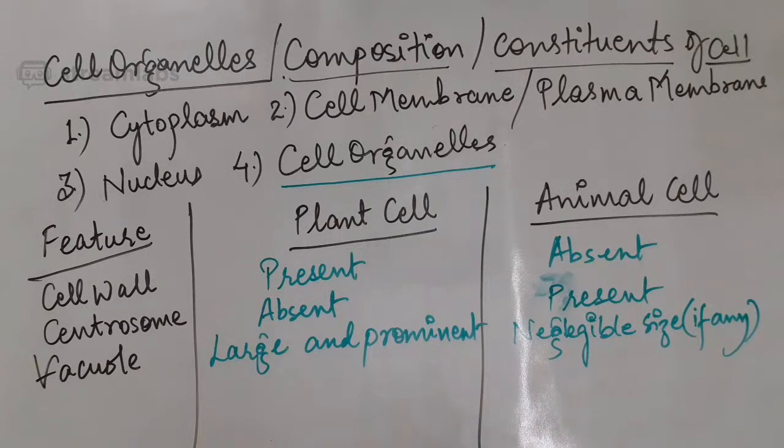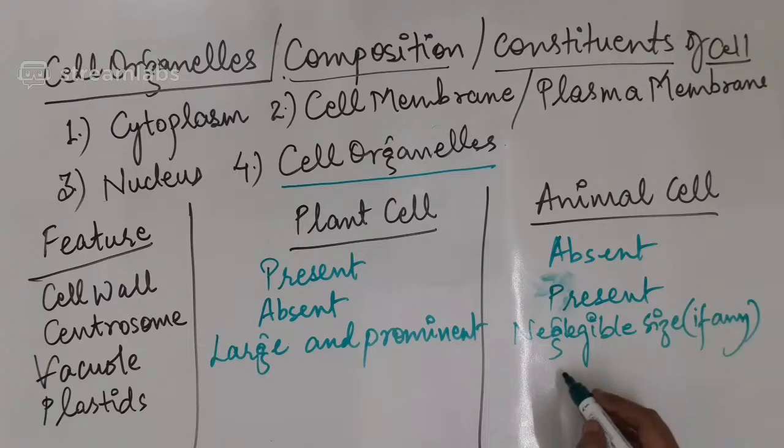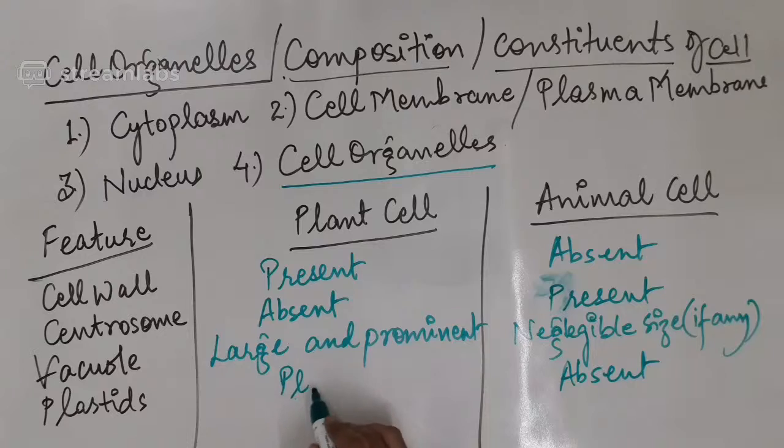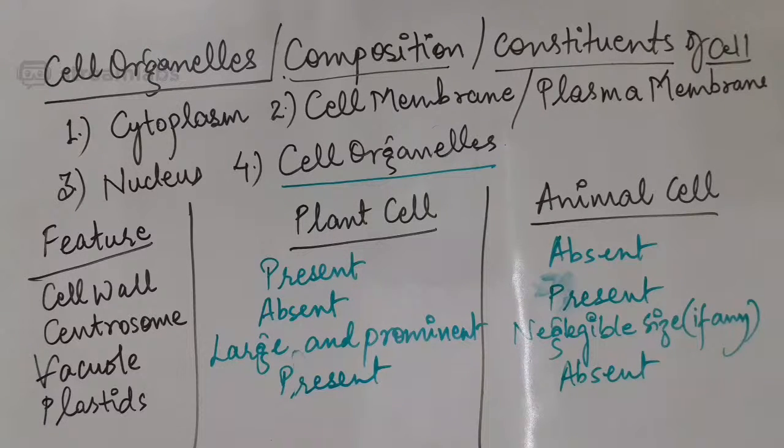If any, it is found in a very small size. Next are the plastids. Plastids are absent in an animal cell but present in a plant cell. I'll be telling you about their functions and the location.